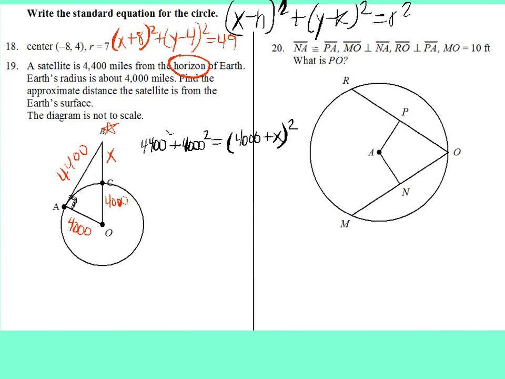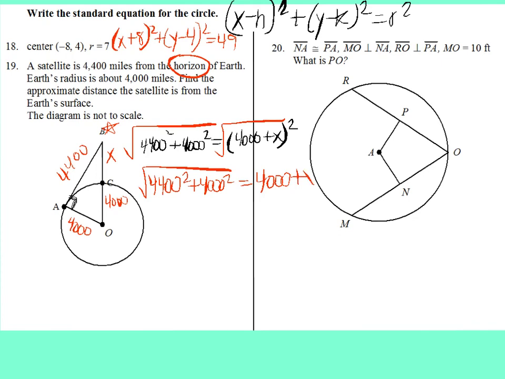We're going to have to write these big numbers out, so let's save this for our calculator. What we want to do is get rid of the square on the right side, so we square root this side and square root that side. Then we'll get the square root of 4,400 squared plus 4,000 squared is equal to 4,000 plus x.